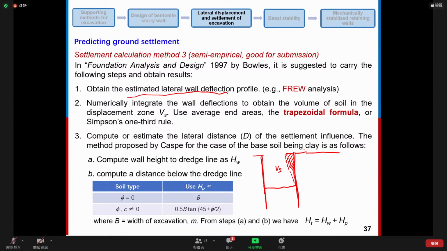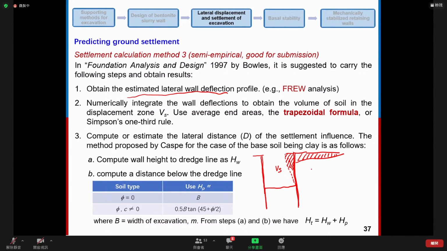Here we have an assumption, which is that the deflection volume Vs equals the settlement volume. So the area of this area equals this area.